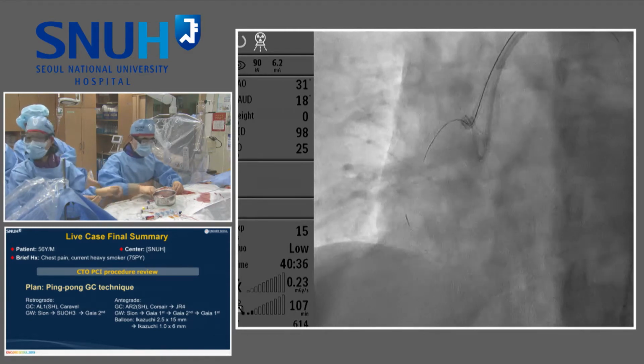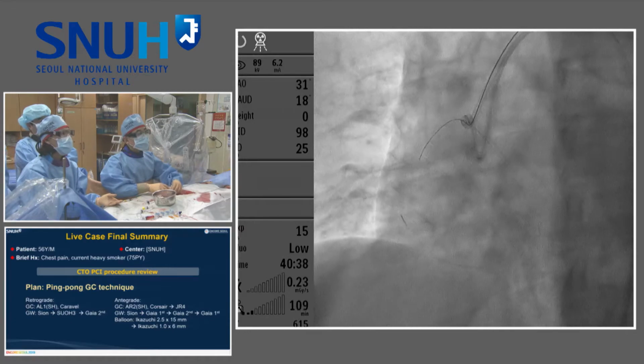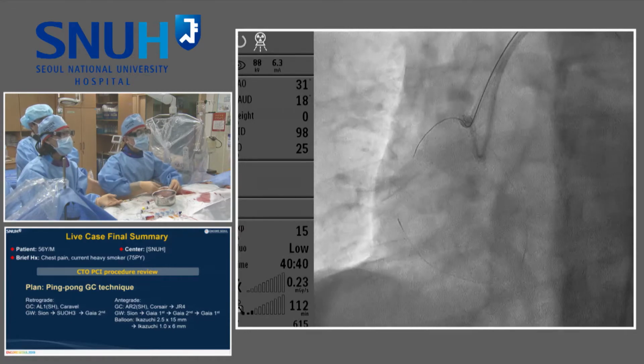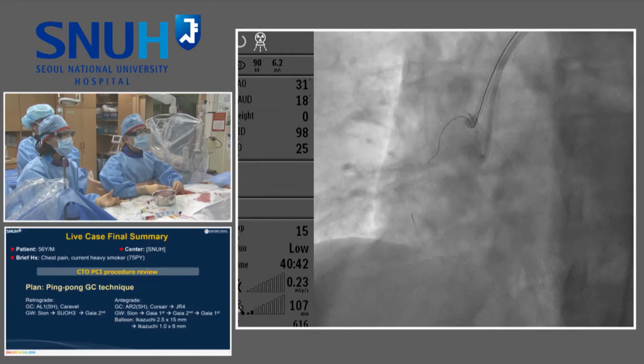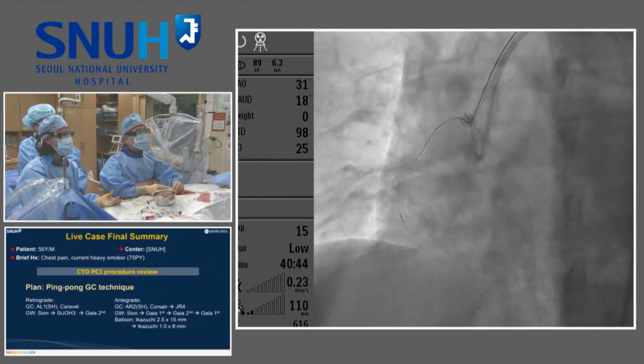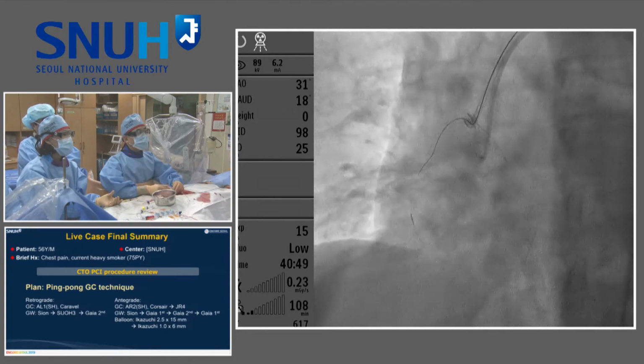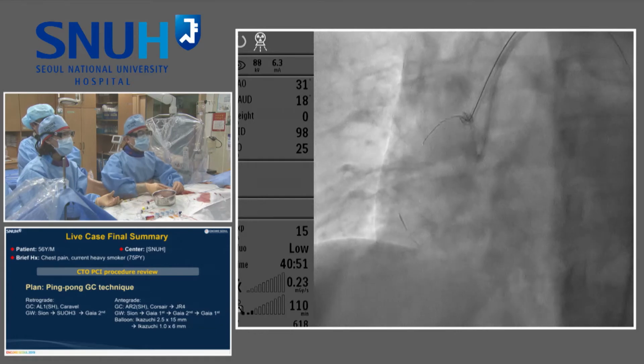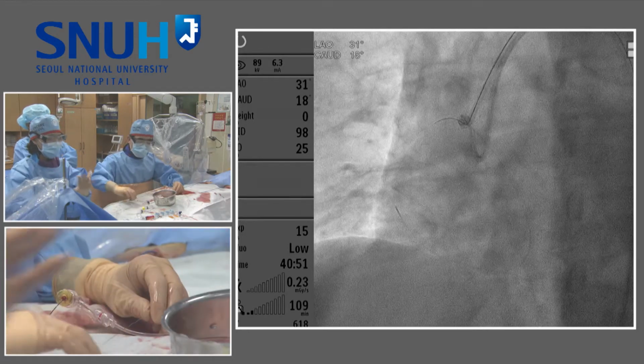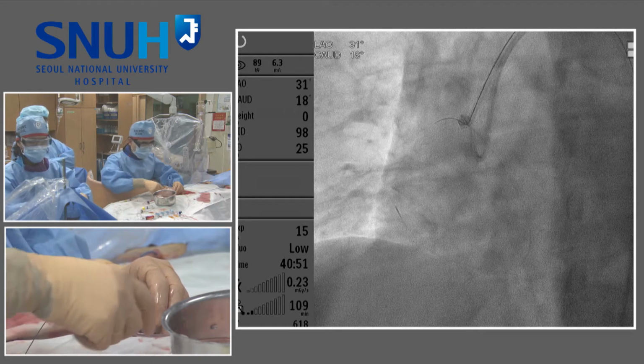So I mean that you already engaged the AL1, so try ante-wire via the AL1, not using the ping-pong technique. Okay. So I gave up the ping-pong technique.